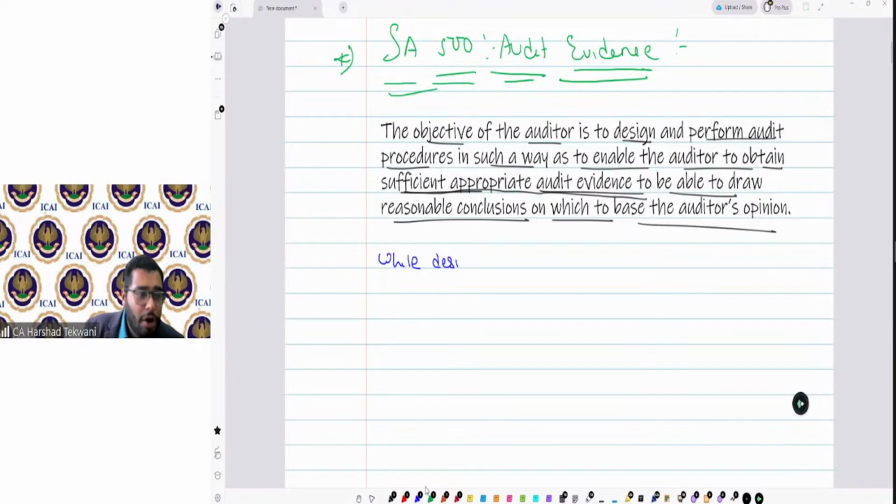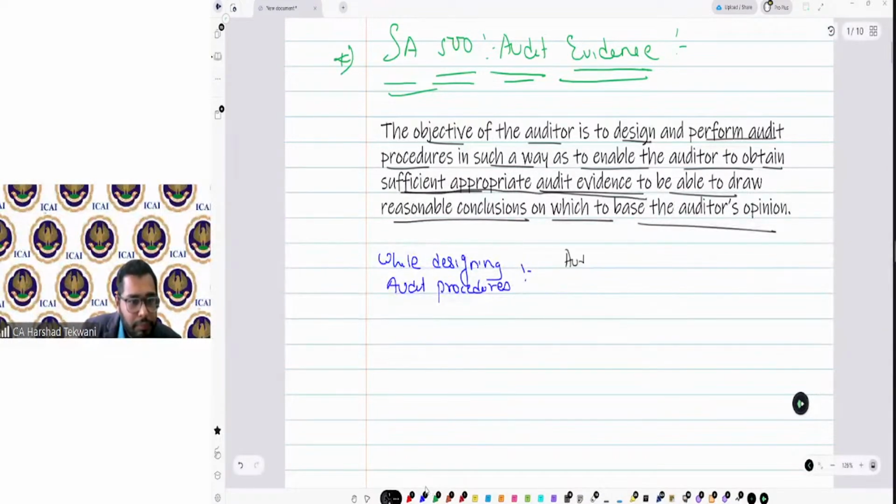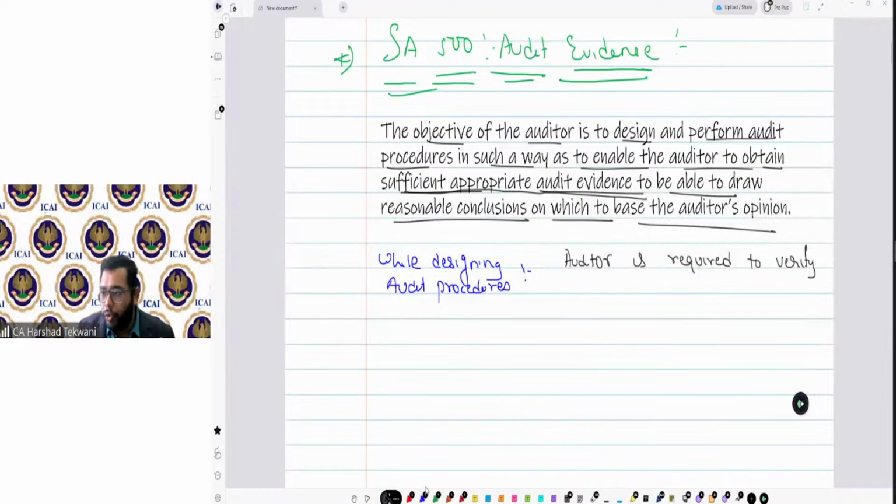So while designing audit procedures, when designing and performing the audit procedure, the auditor shall consider two major things.